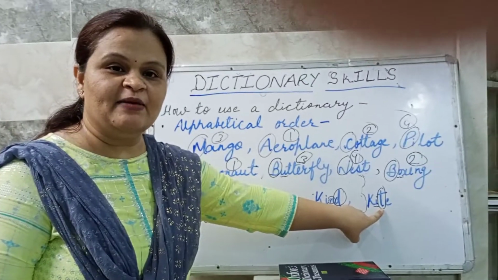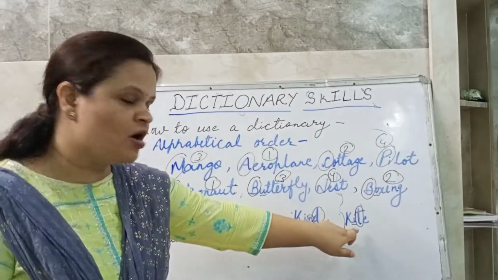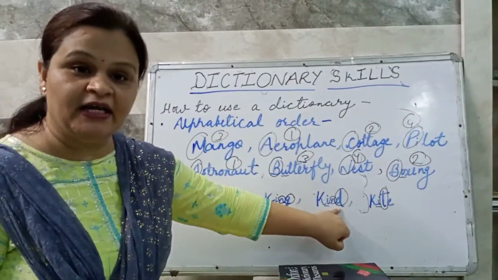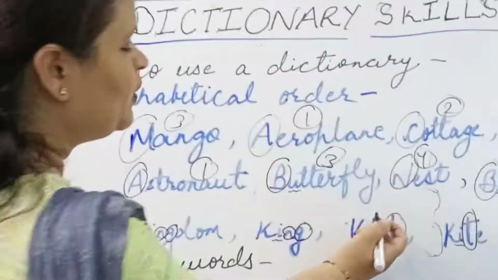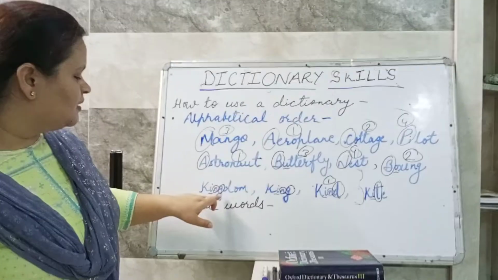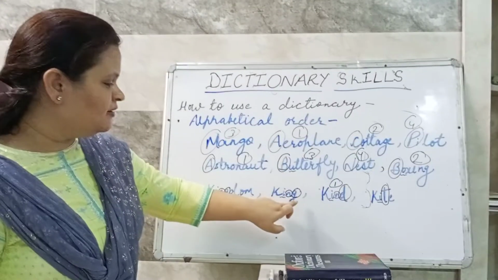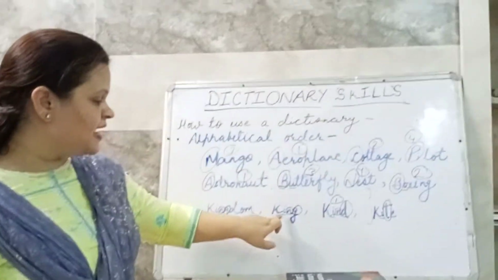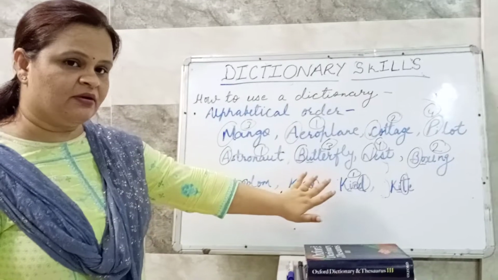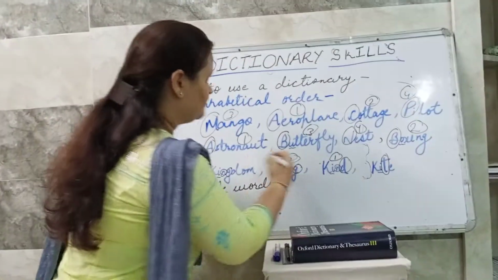Now in ABCD, which comes first, G, D or T? Yes, it's D. So kind will be the first word. Then G, G. The spelling of king is K-I-N-G, it ends here and no other letters are there, so it comes at the second place.